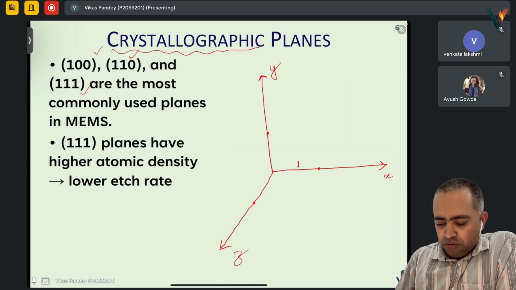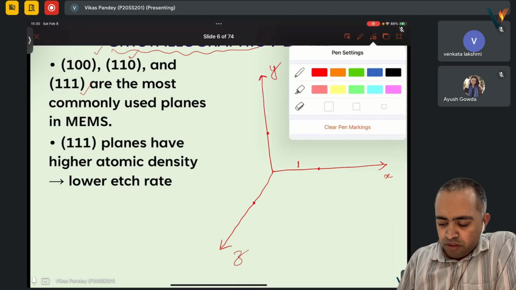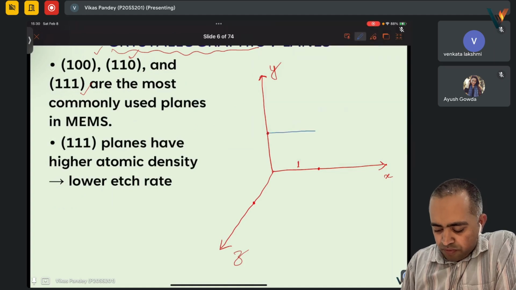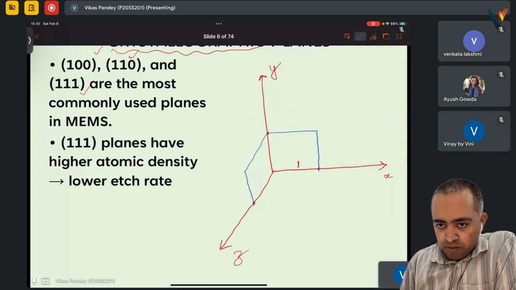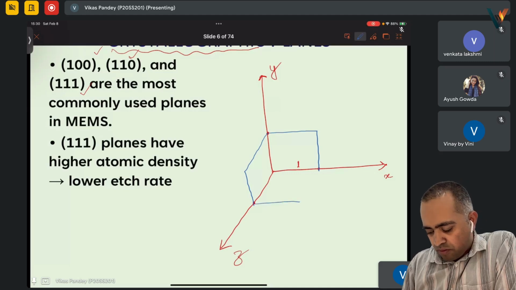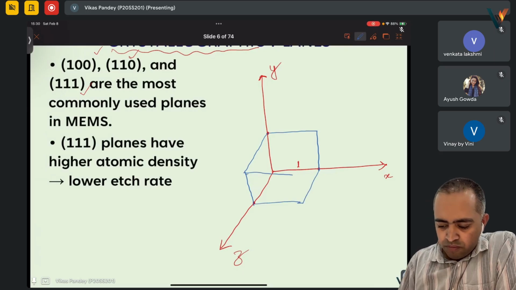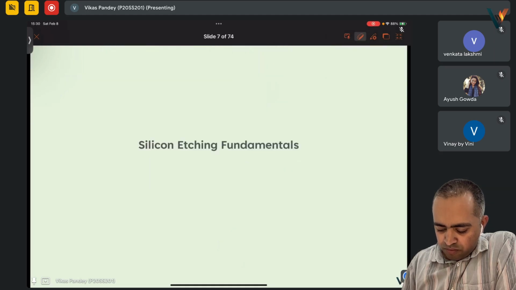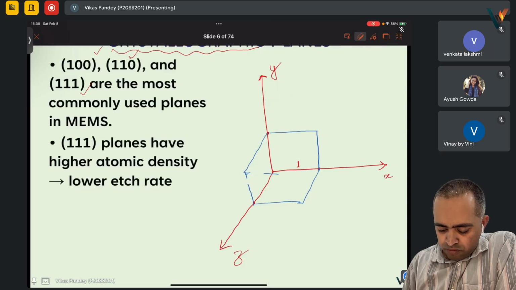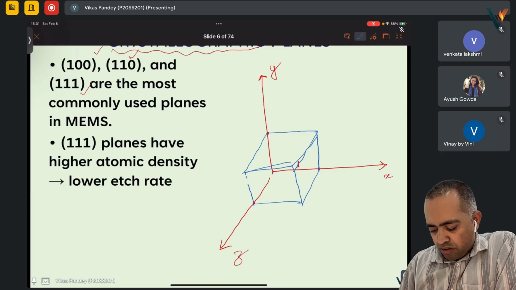So we will have, let's use some other colors, like this.